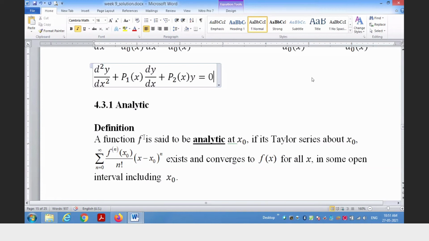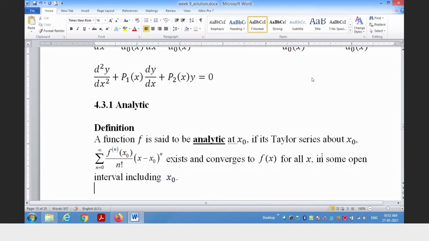A function f is said to be analytic at x naught if we can represent this function as a Taylor series, if its Taylor series about x naught exists and converges to f(x) for all x in some open interval excluding x naught.